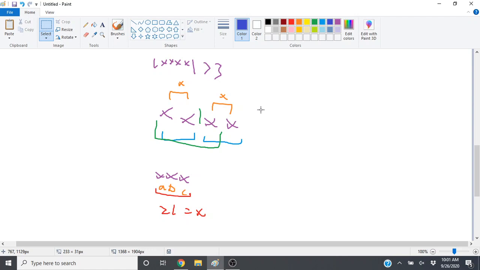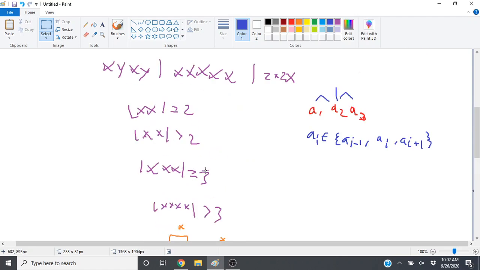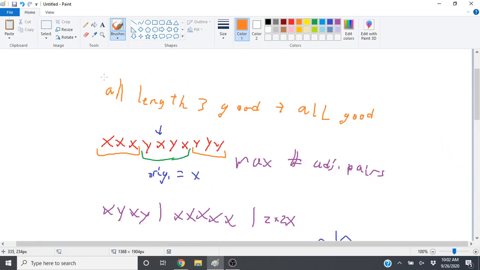Now we're going to use this observation to finally make our final solution. Note that there were 3 main observations in this problem. First, the length 3. Second, the observation about the structure.